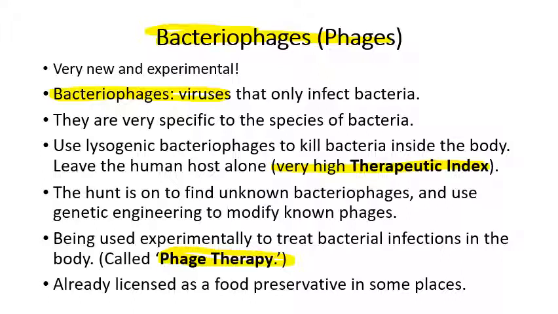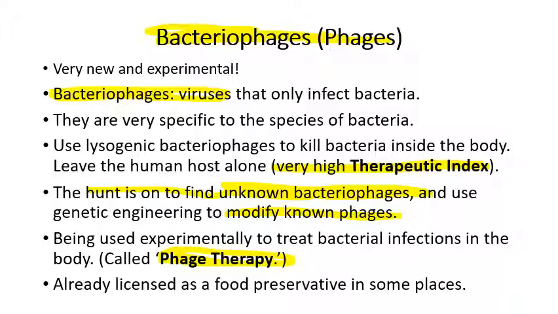But we don't know all of the bacteriophages yet, so the current areas of research are to hunt for previously unknown bacteriophages, and then use genetic engineering to modify the bacteriophages that we already know about, converting some of them from temperate phages to lytic phages.